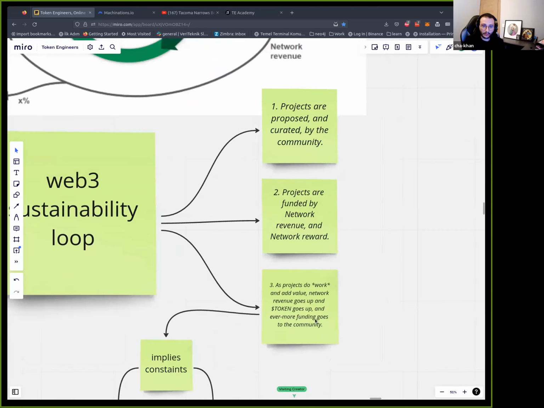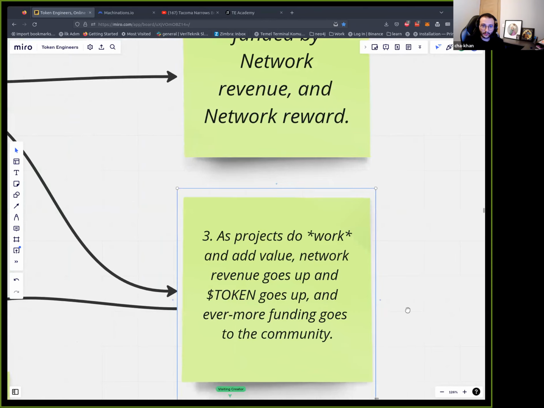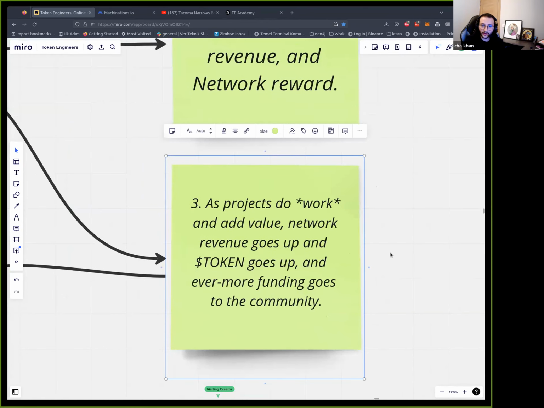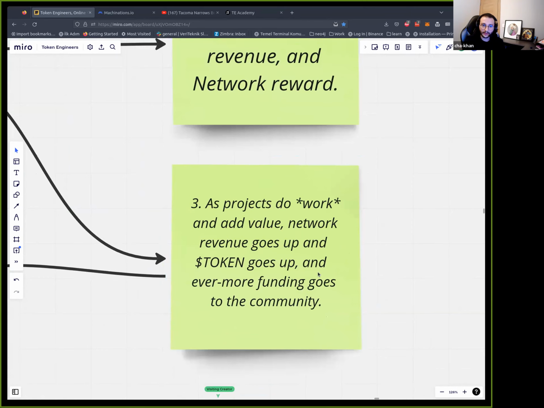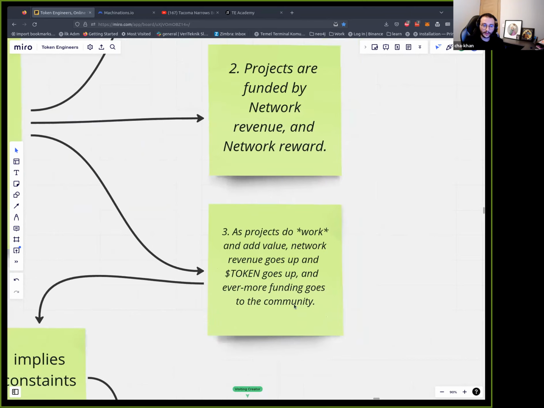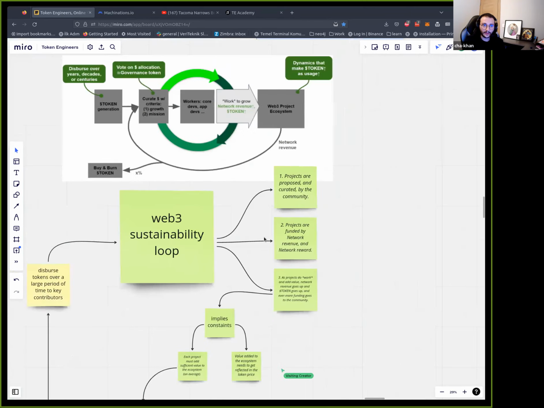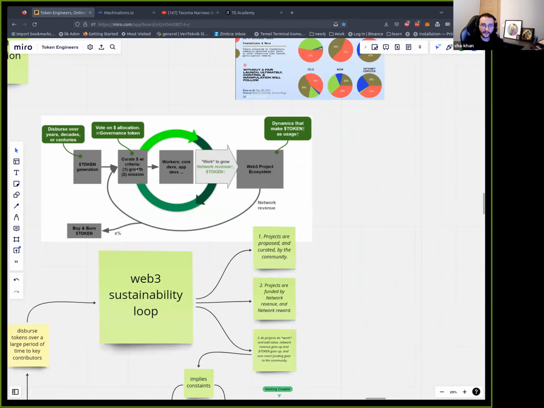And ideally, what you want is when projects do more work, add more value, your network revenue goes up and your token value goes up. So you get more and more funding to feed back into the system. And that becomes a very sustainable model to grow upon. And if these things aren't true, you're going to run out of money and your project's going to go to zero.